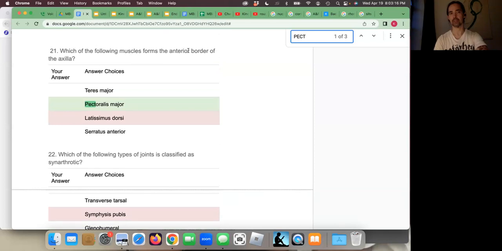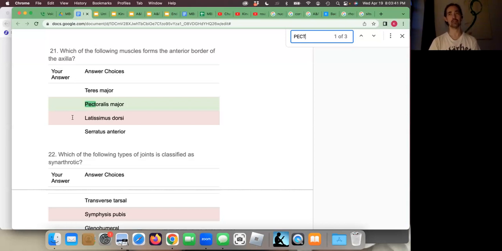Okay, which of the following muscles forms the anterior border of the scapula? Interesting way to phrase it. Which of the following muscles forms the anterior border of the scapula? Is that the teres major, the pectoralis major, the latissimus dorsi, or the serratus anterior? The anterior border of the axilla.